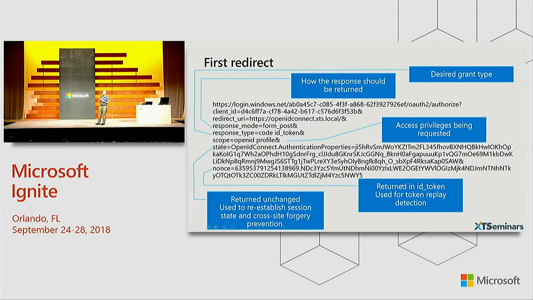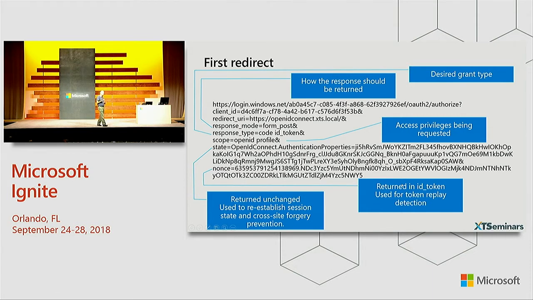State is just a state value that you set, and it needs to be unguessable. When you hit the app, and the app redirects you, it sets a state value in here. When you get the reply back, the state value will be the same. So we've sent up a request, back comes the response, and we say this response is in response to that request, so we can tie the request and the response back together.